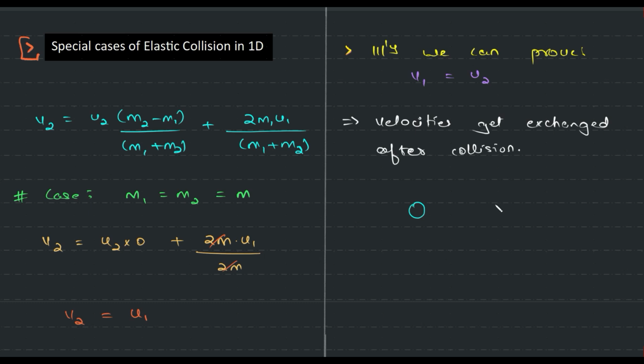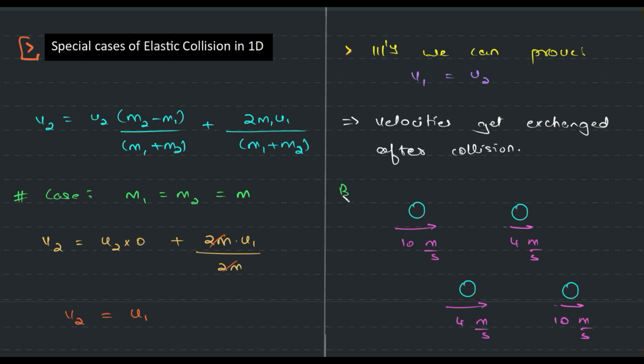You have object 1, you have object 2, both of the same mass, right? So basically we have the same object. Say this is with 10 meter per second and this is with 4 meter per second. So this is before collision, and after collision, this becomes 10 and this becomes 4.